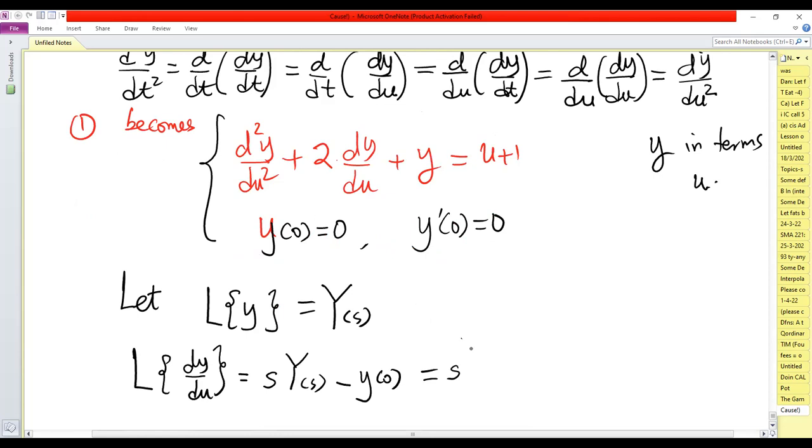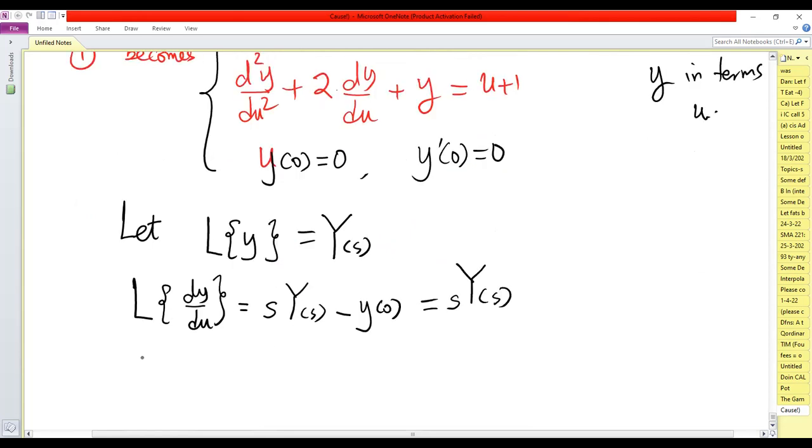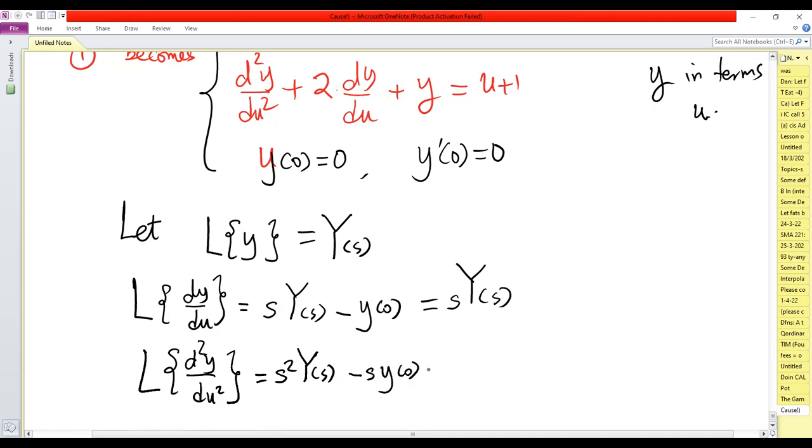And then the Laplace transform of the second derivative of the function, from definition, is s squared Y of s minus s y of 0 minus y prime at 0.